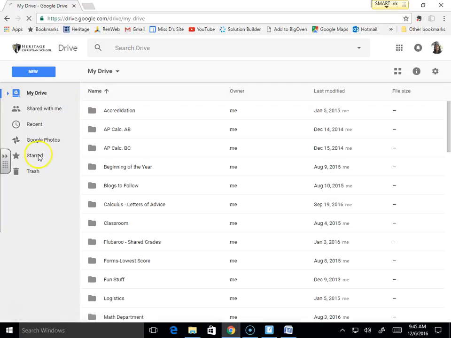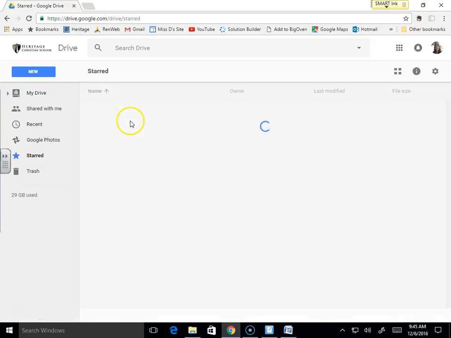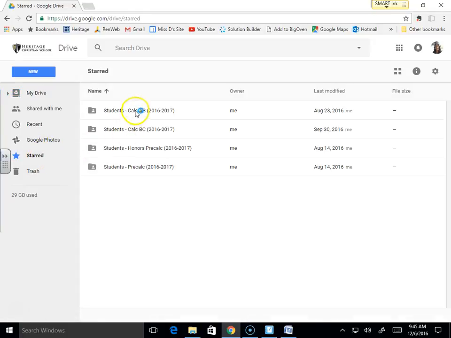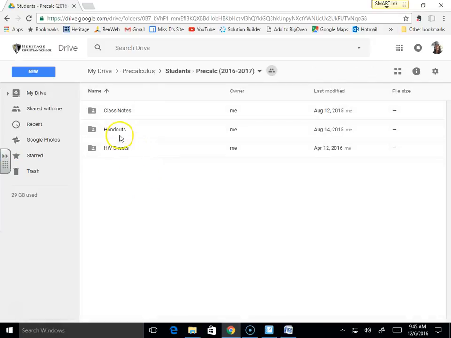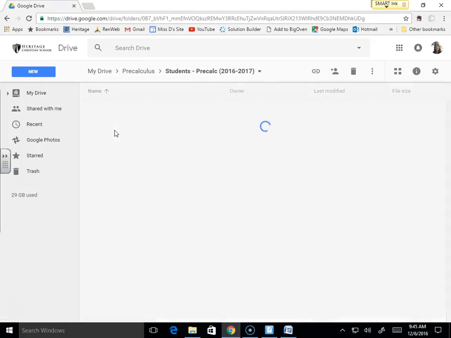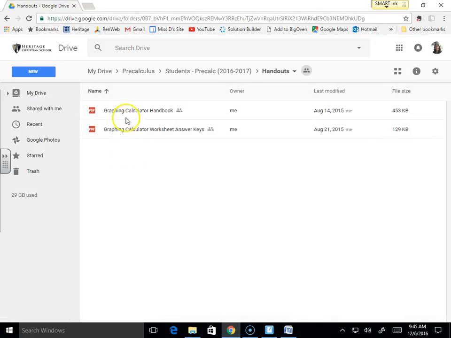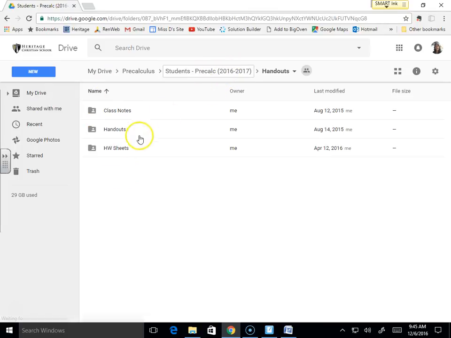And if I work with my group, we'll be all right. But if you do want to check the evens, 4, 6 and or 4, 7, the homework you're doing tonight, look in your shared folder. I'm trying to show you where I'm going to put it. Do you see handouts? I might just throw it in there with the graphing calculator handbook. It doesn't really work under homework sheets, those are problems. It doesn't really work under notes.